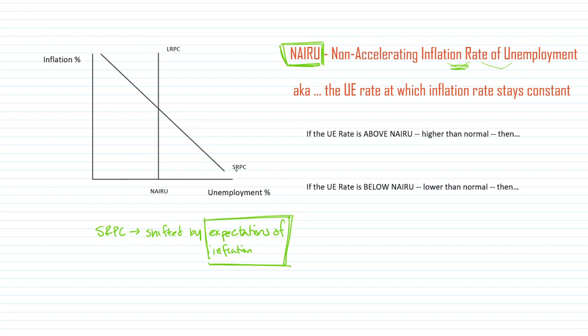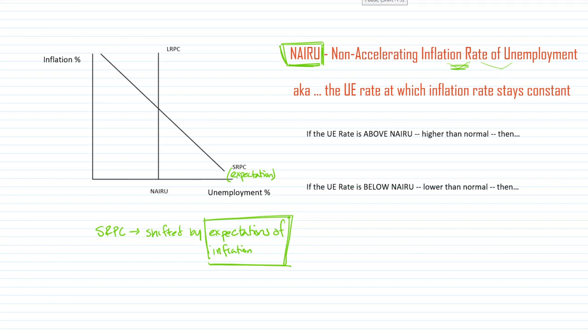And we also said that the SRPC itself was, in a sense, an expectation. It was an expected relationship. And NAIRU tells us that that expected relationship can be true at any short-run moment, but that in the long run, the relationship begins to disintegrate. And the easiest way to see this again is to start to actually graph and visualize what's happening here.